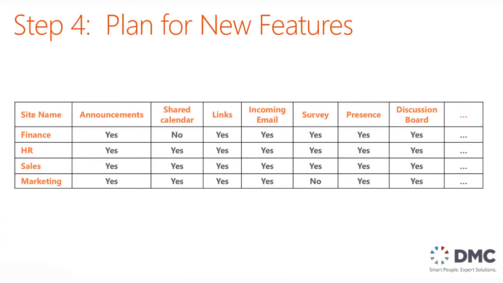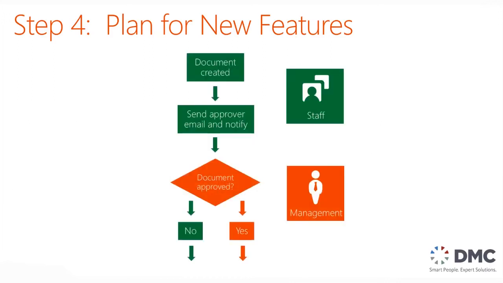You also can set permissions and decide which user groups are going to have full access, read-only access, or no access. And finally, plan out some of the workflows. If you're going to automate some business processes or use SharePoint workflows to manage those business processes, you may also choose to do some dashboarding and track some key performance indicators. That would probably be the last step in planning out your advanced features.